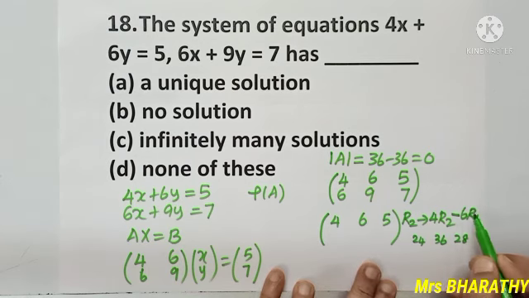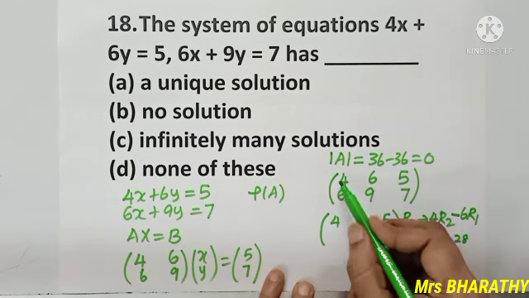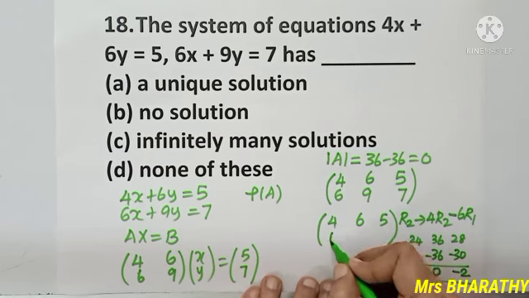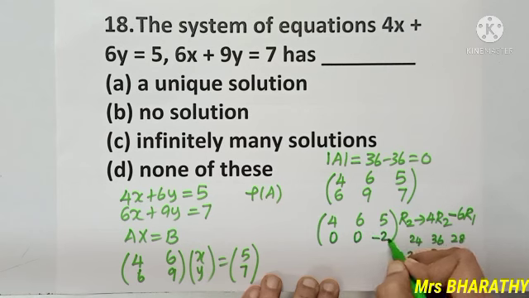As I put minus 6R1, multiply all this by 6: 24, 36, 30. Because I want minus, let me subtract. My answer is 0, 0, minus 2. So I get 0, 0, minus 2.